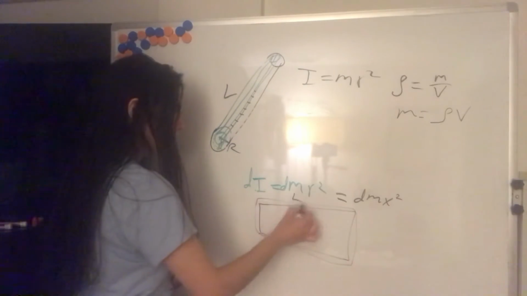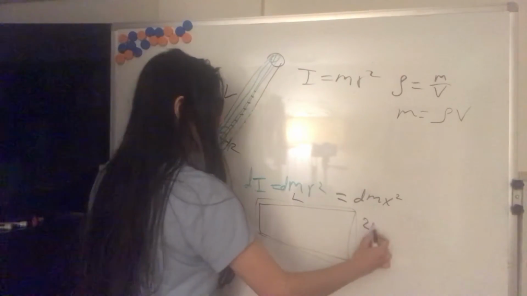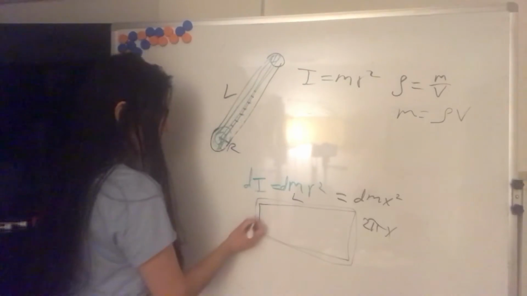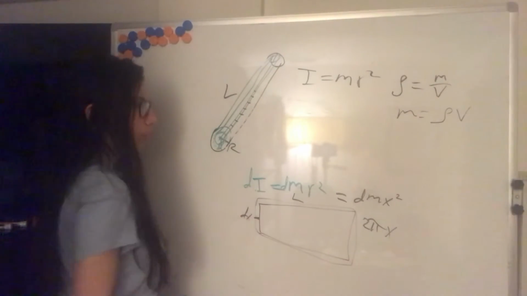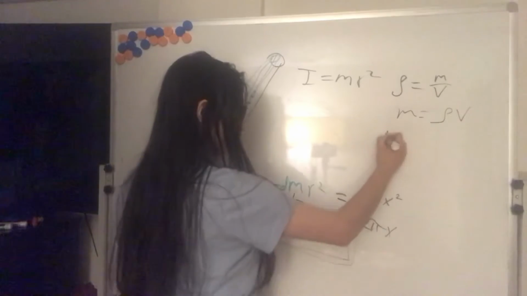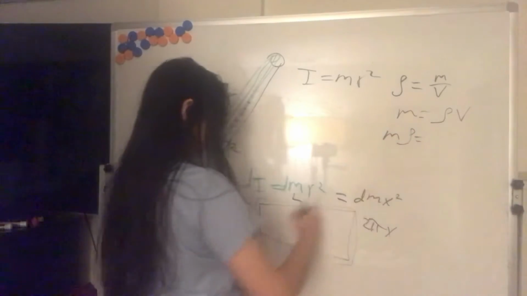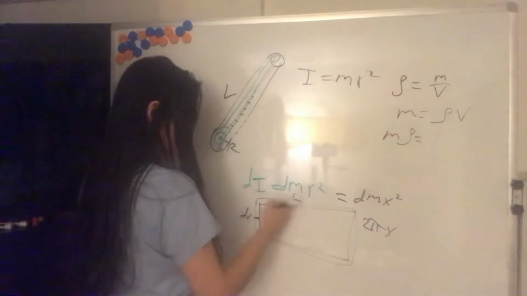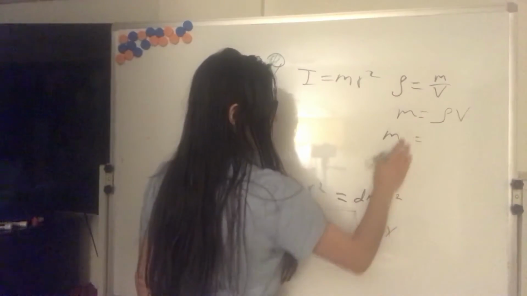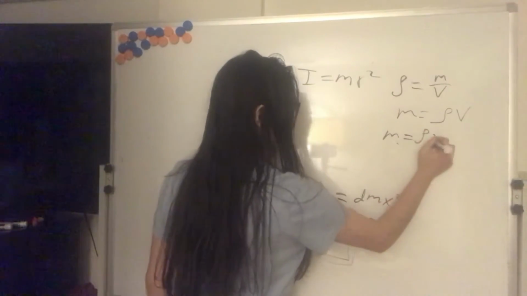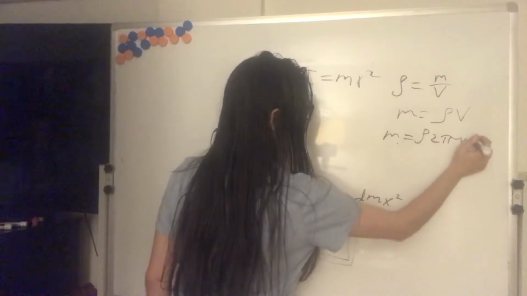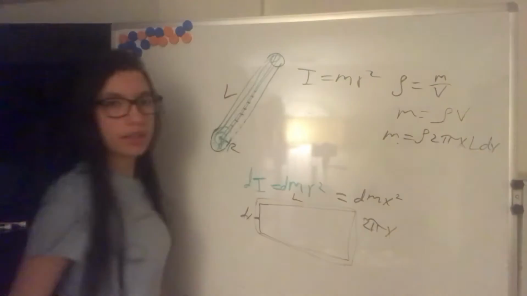This is the length, this is the circumference, that is 2 pi x, and this is the width, dx. So the volume would be 2 pi x l dx. So the mass would be the density times 2 pi x l dx.